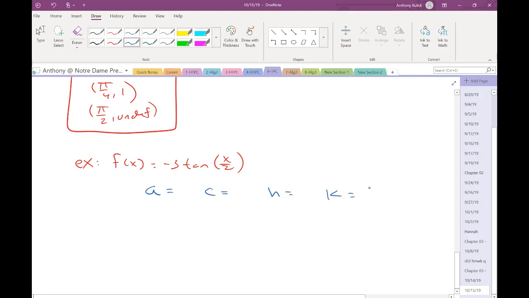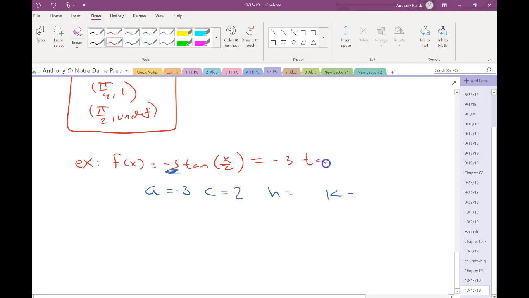I'm just going to look at the formula to determine those values. What's my value for a? -3. What's my value for c? 2. Everybody see why it's 2?